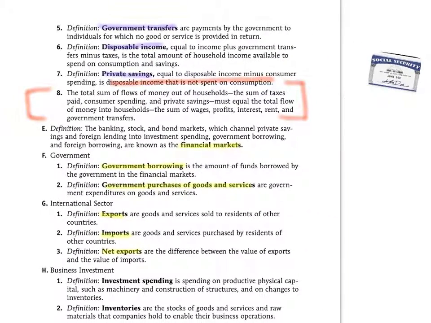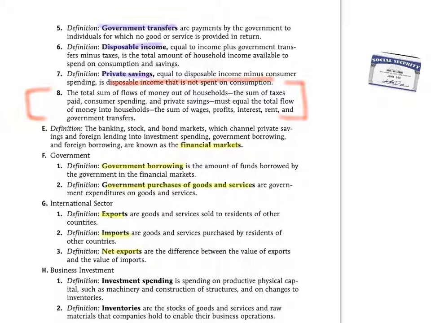We also have disposable income. Disposable income is basically all your income that you take in, including government transfers, and then you subtract out the taxes. It's what's left over, and that's what you're able to spend on consumption and savings. And what we look at when we say private savings is whatever you don't spend. It's whatever money you save and put aside.